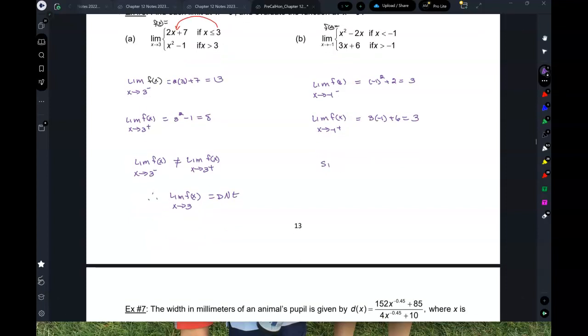You say, since the limits from the negative side and the positive side are equal, the limit of f of x as x approaches negative 1 is 3. Oh, these are negative 1s.